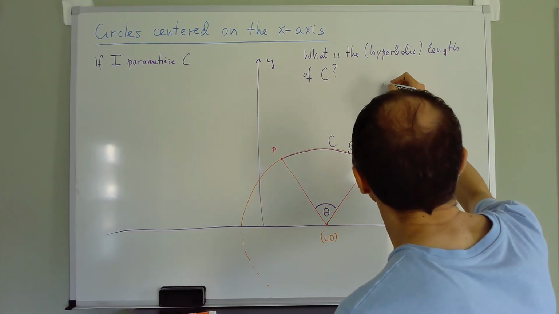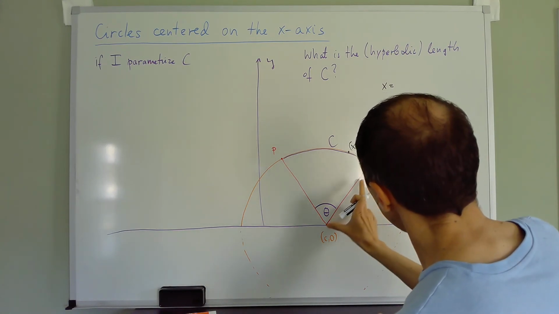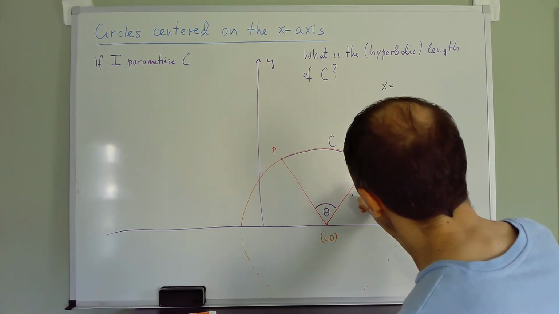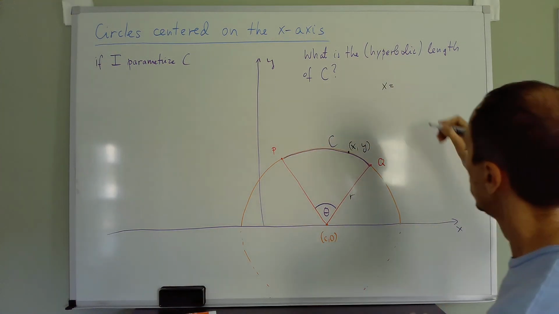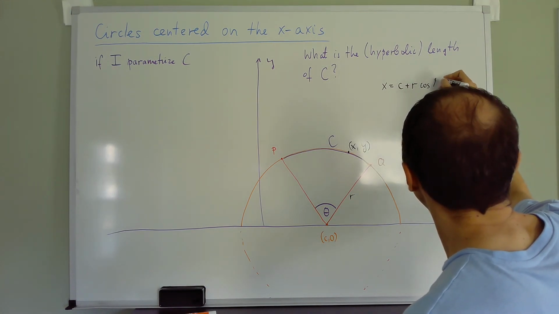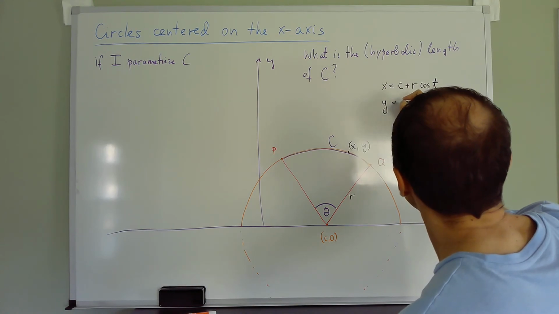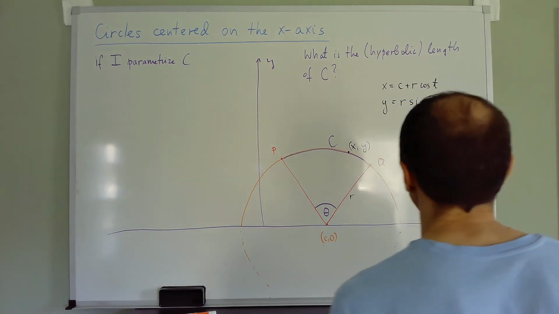I can do it the following way. Let's suppose that this distance here is r, okay? That's the radius of that orange circle. So x would be c plus r cosine t, and y equal to r sine t.